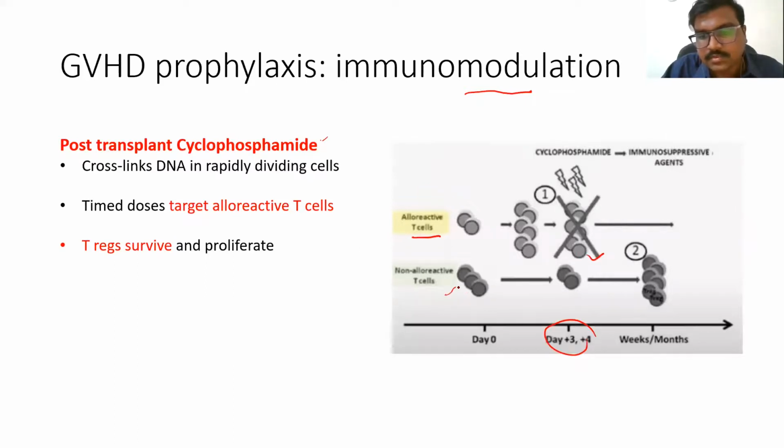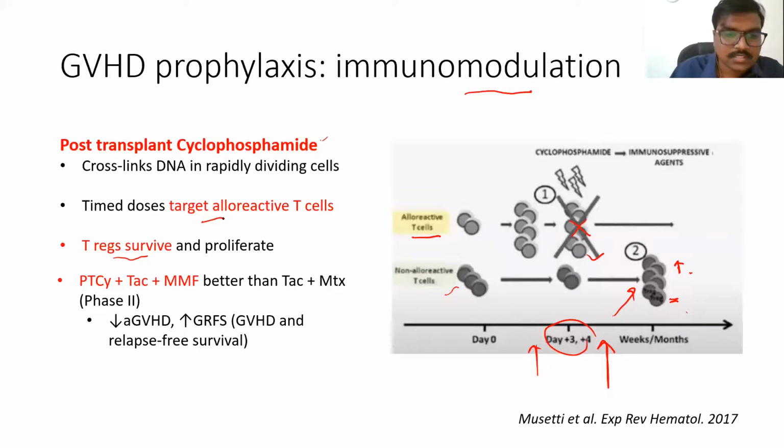However, the non-alloreactive T regulatory cells proliferate later on in the course. So they have timed the cyclophosphamide around this time where they will selectively damage the alloreactive T cells and preserve the T regulatory cells, resulting in survival of the T reg cells and destruction of the alloreactive T cells. And in phase 2 trial, they have been found to be beneficial.